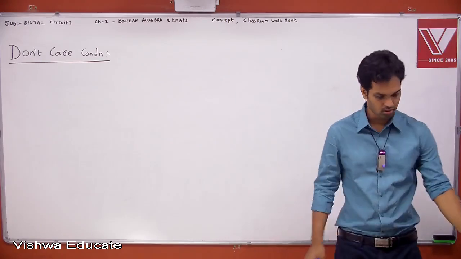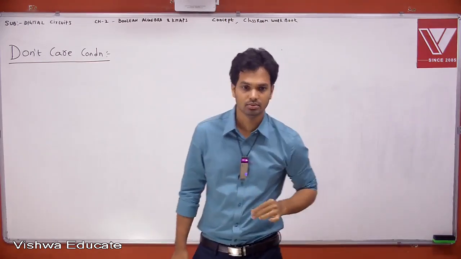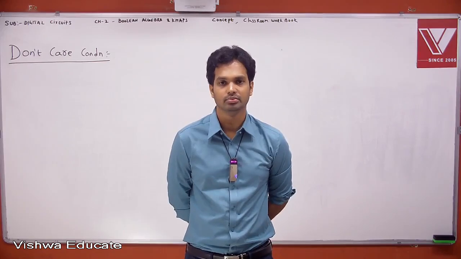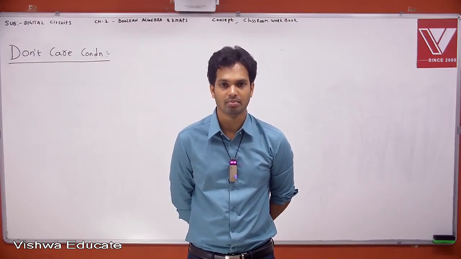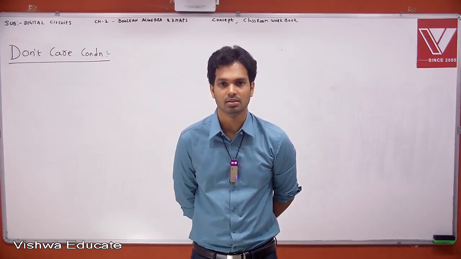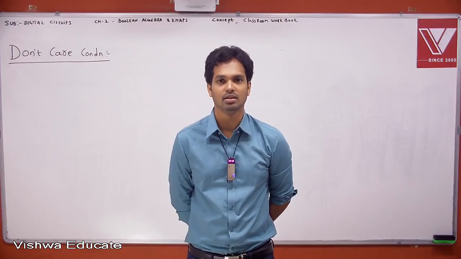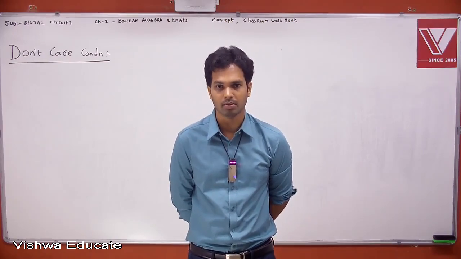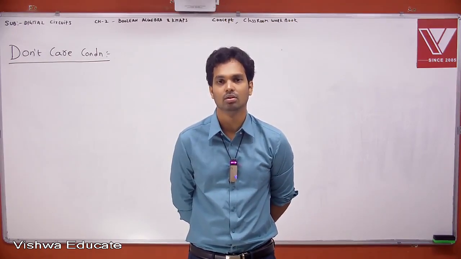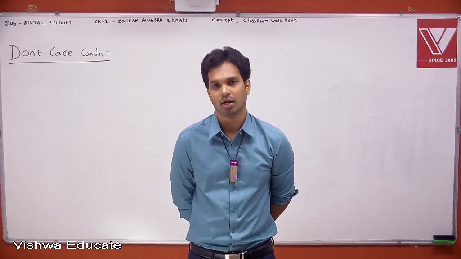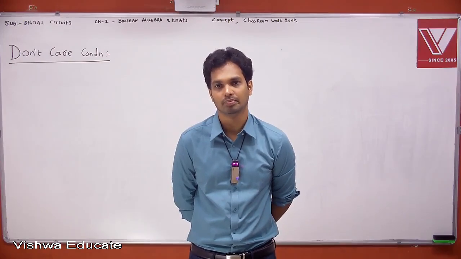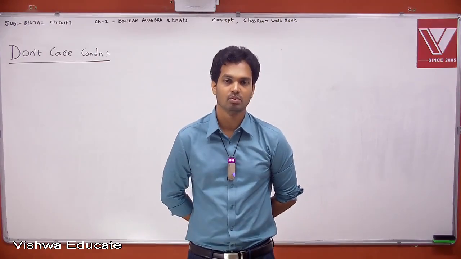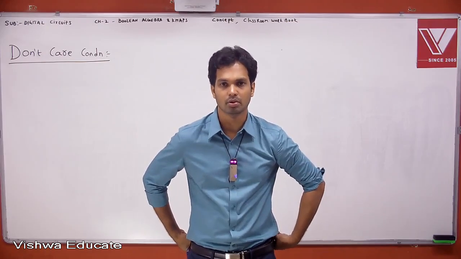In an n variable K map, the maximum number of prime implicants in the output expression is 2 power n minus 1.